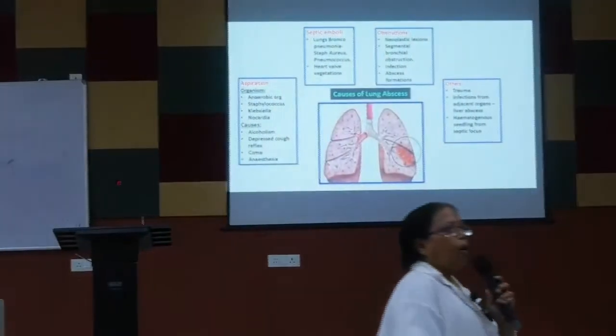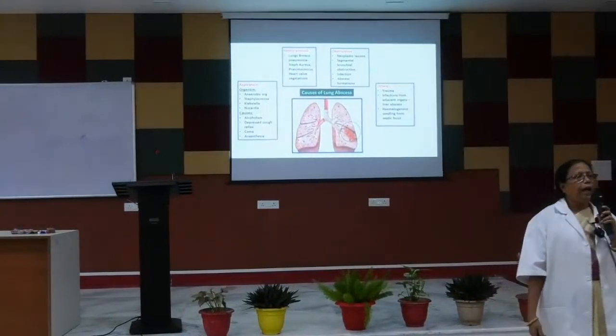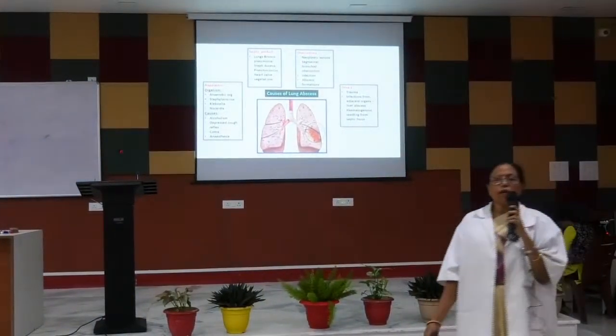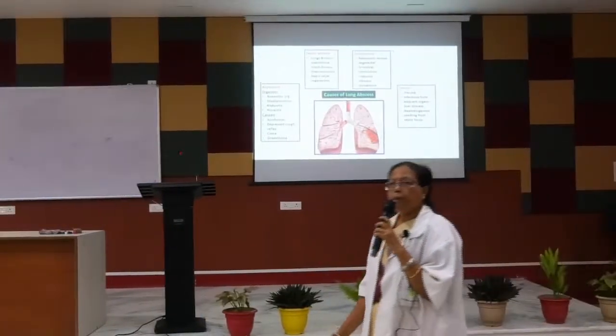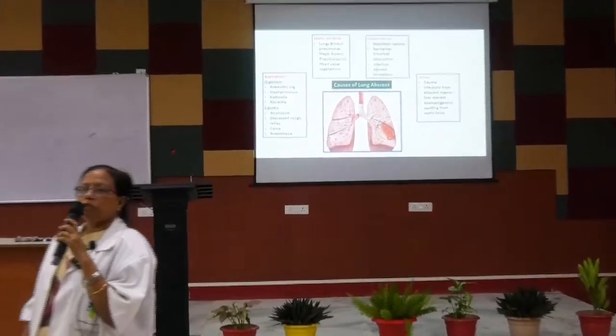Source, then how the organism or the infection comes. It may be an aspiration, that is the organism comes through the aspiration, whatever may be the source. The notorious organisms are gram-negative, there's Nocardia, then there is Klebsiella, these are the organisms.